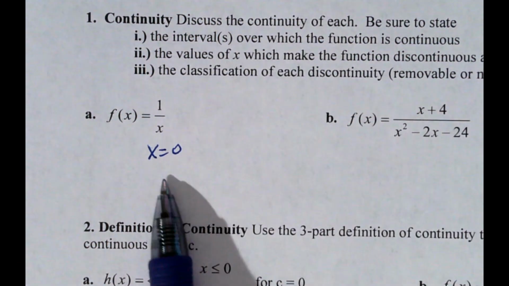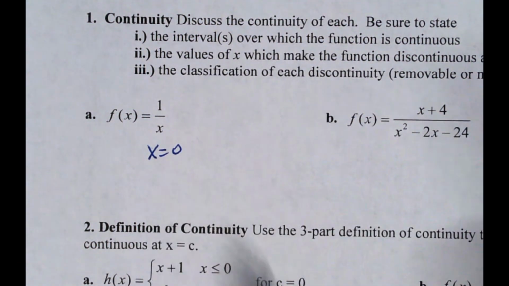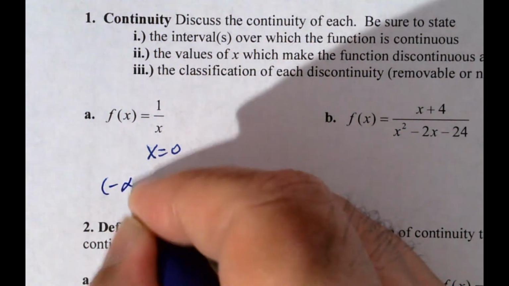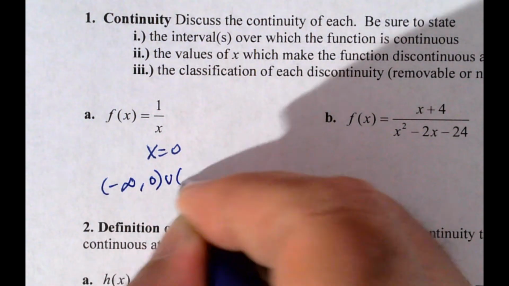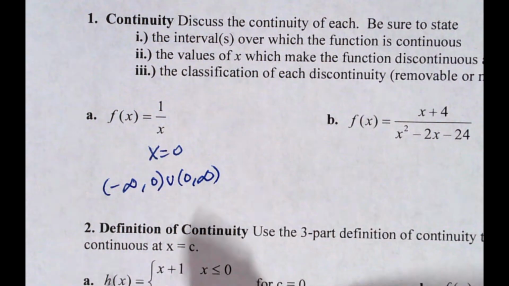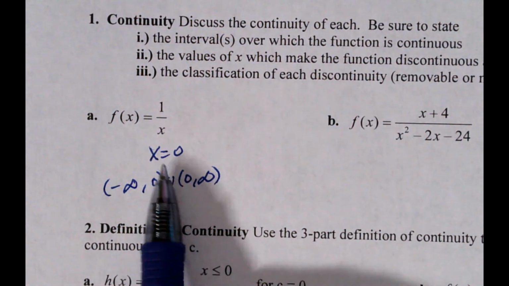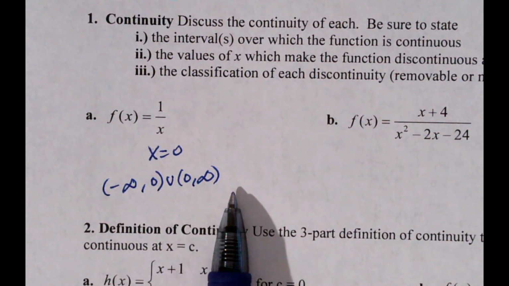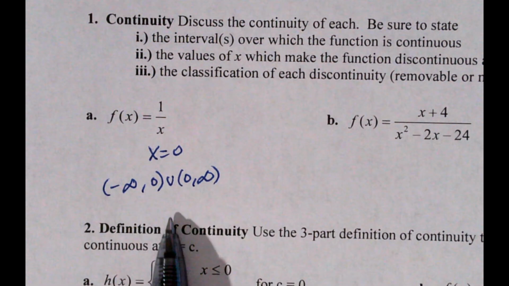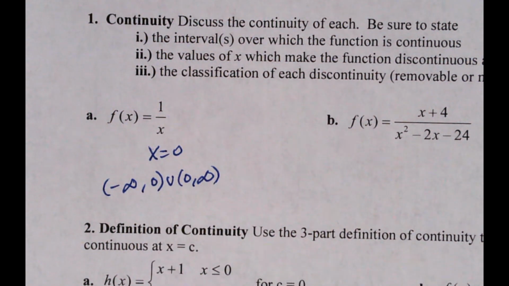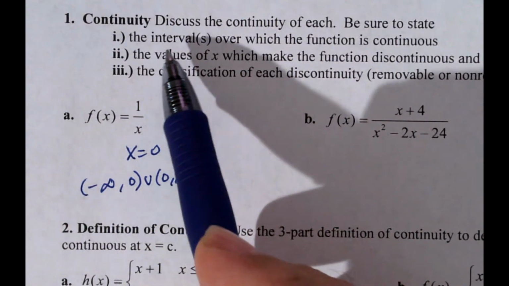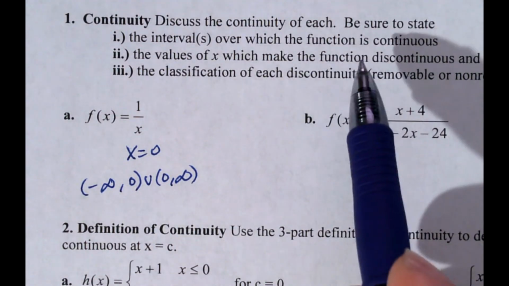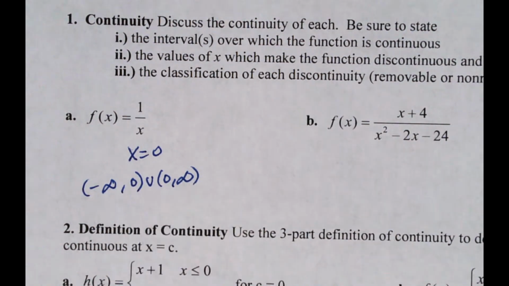Once I have identified where it's not continuous, I can simply look at the number line and exclude that. So this is the interval that excludes x equals 0, from negative infinity to 0, union 0 to infinity. It's not including the point of discontinuity. That's how I'm going to answer the first criteria, the intervals over which the function is continuous.